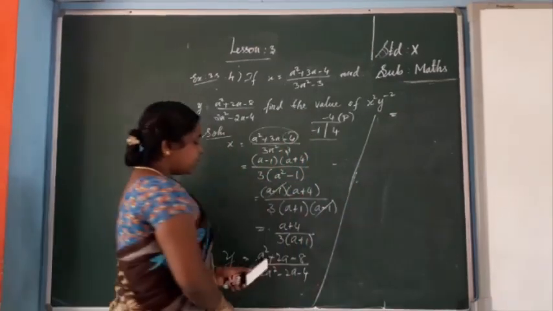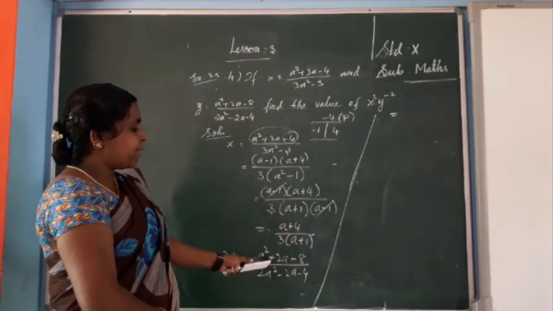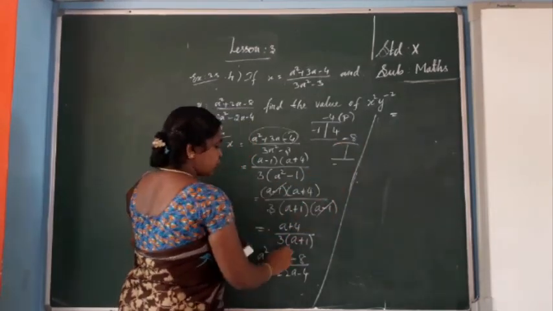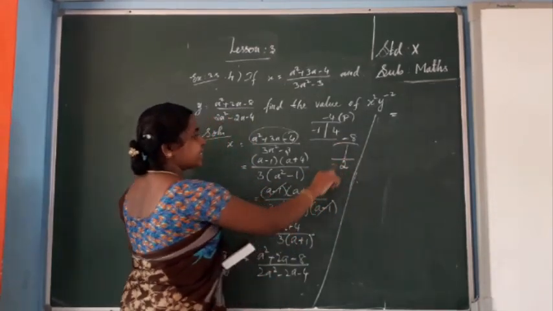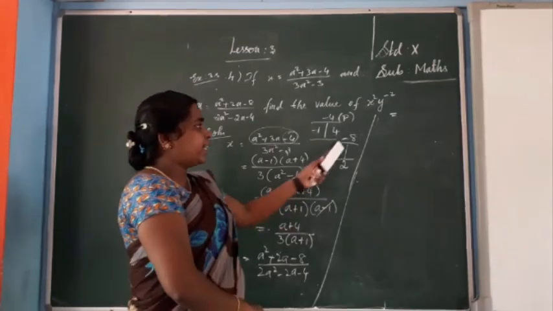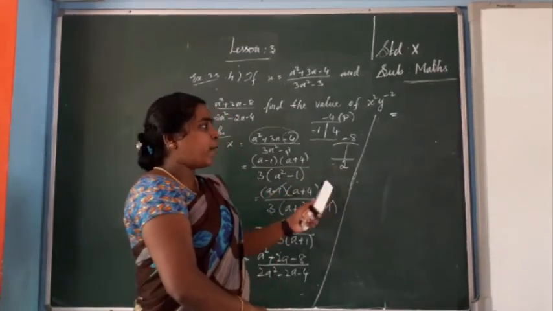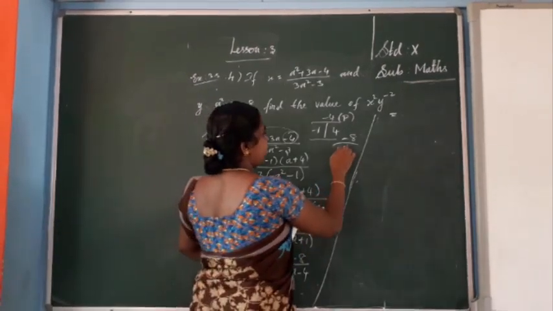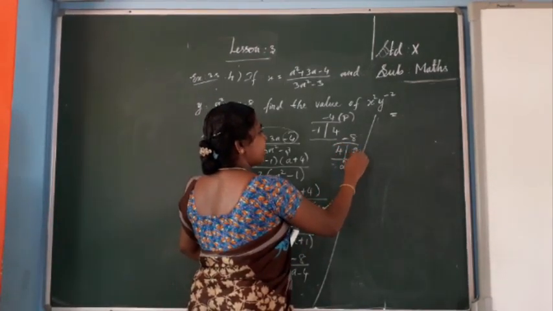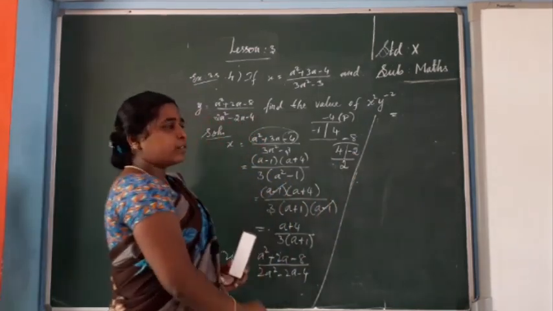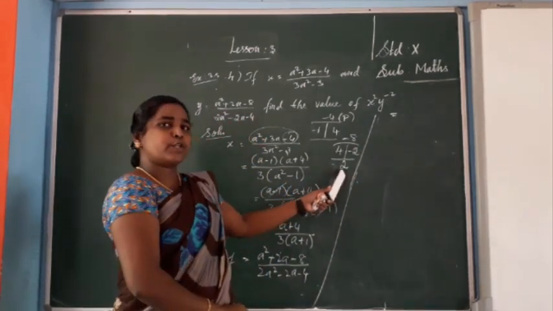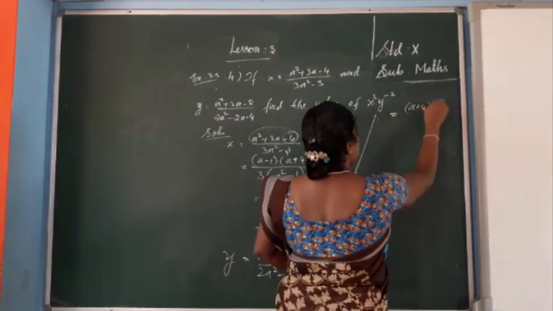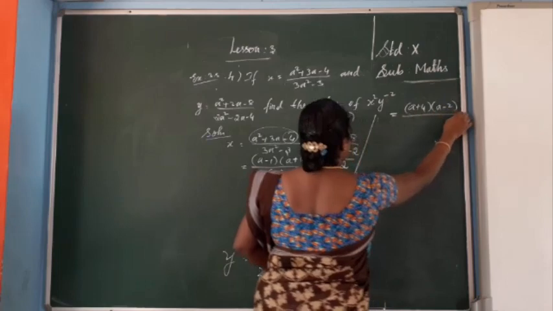Factorize the numerator first. The product is minus 8 and the sum is 2. Here the product is negative and the sum is positive, so the smaller number is negative. 4 2s are 8, so the smaller number is minus 4 and the other is 2, giving 4 minus 2 equals 2. So you will get a plus 4 into a minus 2, divided by the denominator.